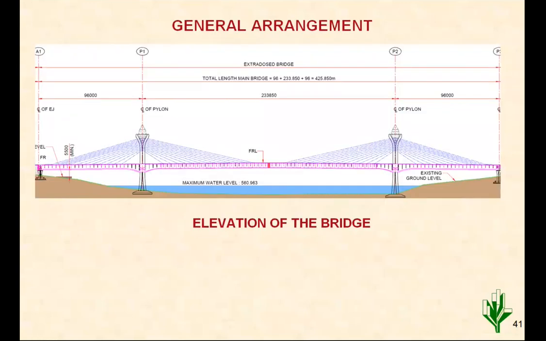This bridge is not built for any functional need as such. I mean, we had seen in the first slide that bridges are built for functional need, but this was built as a truly architectural requirement. So this has been built with the main focus on its aesthetics and on making something grand.